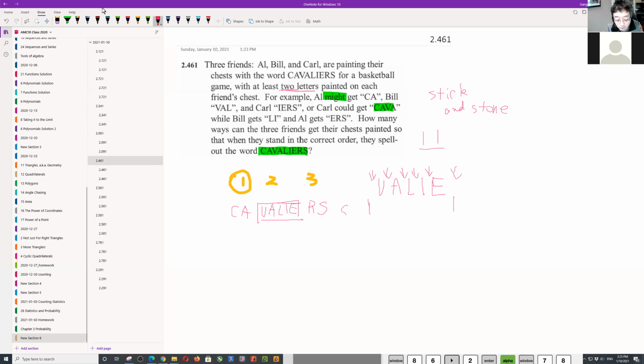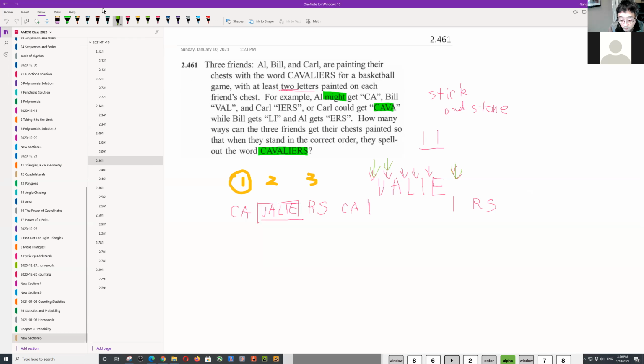So basically, the first guy gets CA, the last guy gets RS, and the middle guy gets all 5 letters. This is a working arrangement. But some arrangements are not working. If I put the dividers at both ends, the first person already has 2 letters, so I don't need to worry about him. The one not working is where the middle person gets 2 letters less.